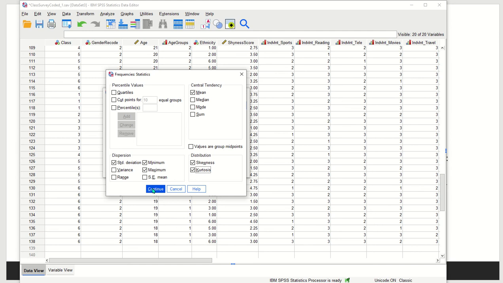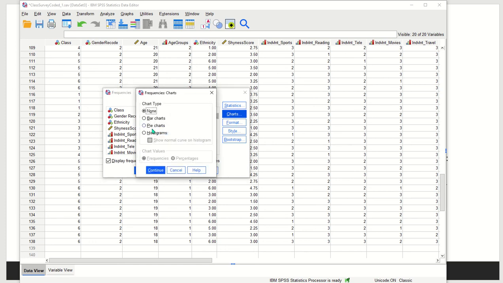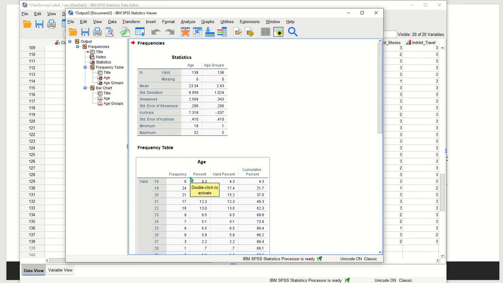And then hit continue. Okay. Maybe a chart might be kind of cool, right? Let's see. Maybe a bar chart. And hit OK. And that's how you would perform a frequency, by the way.